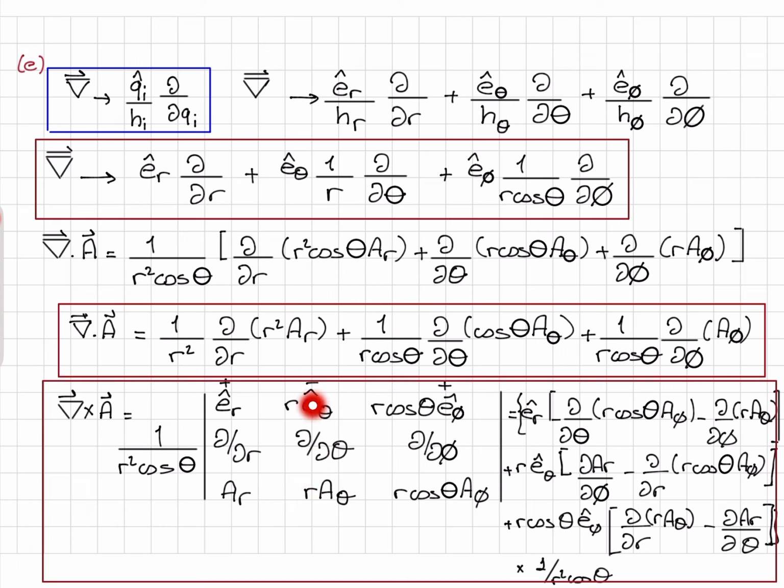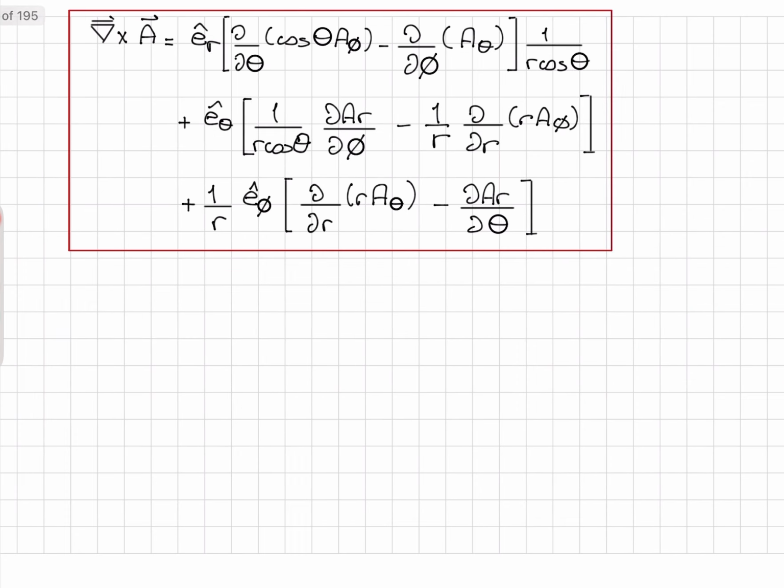For this one, I have del del phi of ar minus del del r of r cosine theta a phi. I changed the order because of the minus sign. And for this term, I have r cosine theta e phi hat times del del r a theta minus del del theta ar, all multiplied by 1 over the product of the scale factors. And then I considered the derivatives that are not affecting the prefactors in each term, and the answer simplifies to this final form.